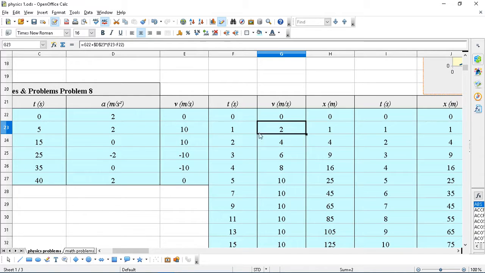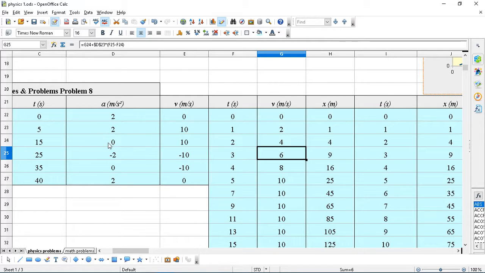For example, if it had been D23 initially here, by the time one reached this cell reference, it would have changed to D24, and here to D25, here to D26, and so forth. The problem is that these cells have no values, so I would get error messages if I continued using this further down the column.